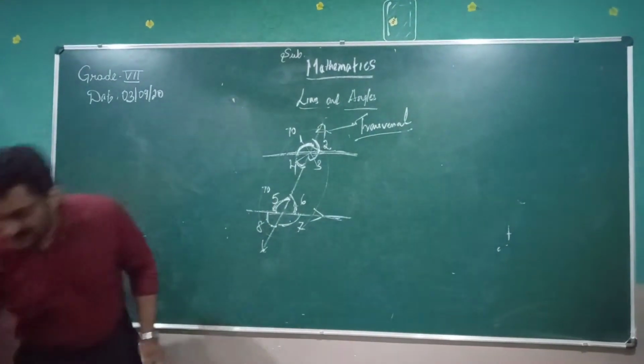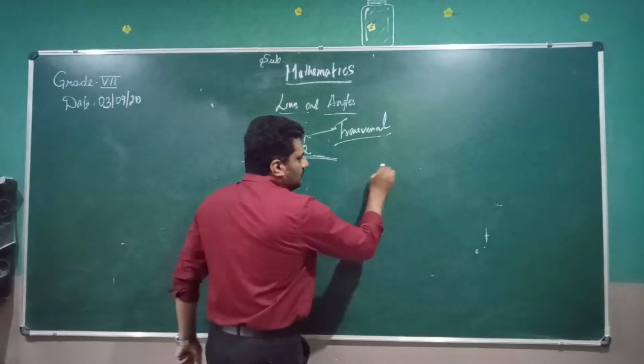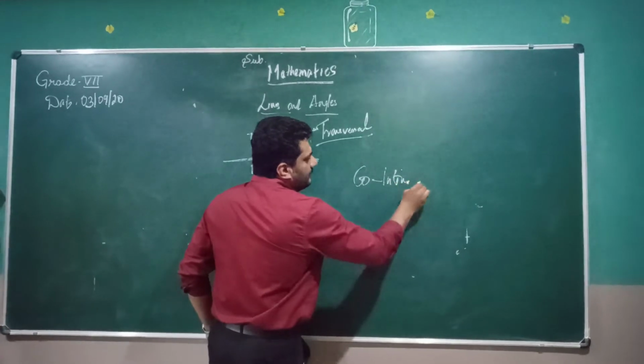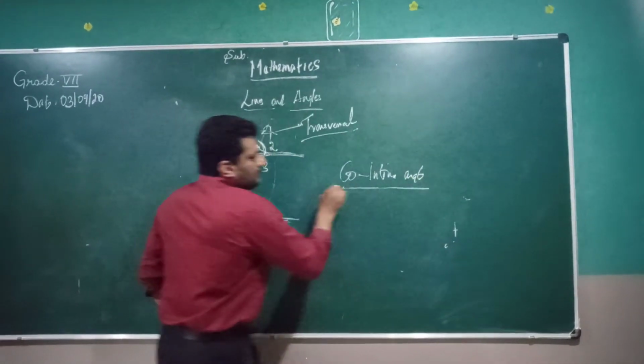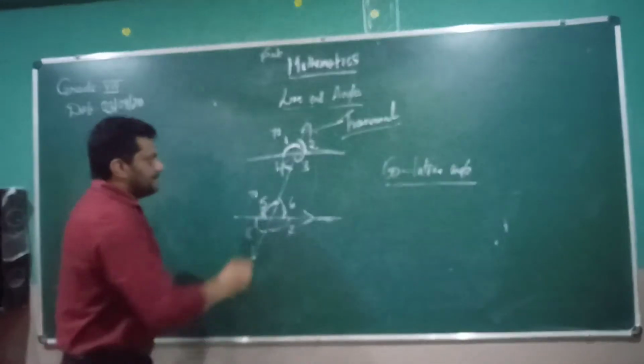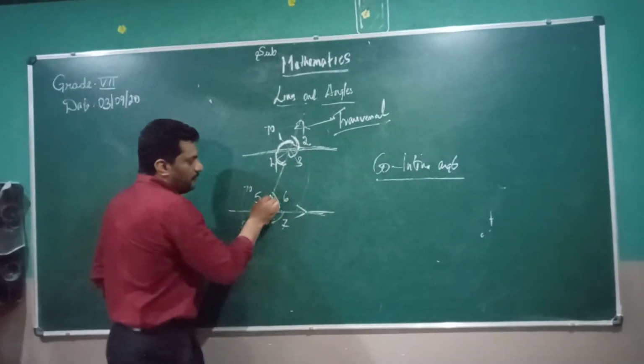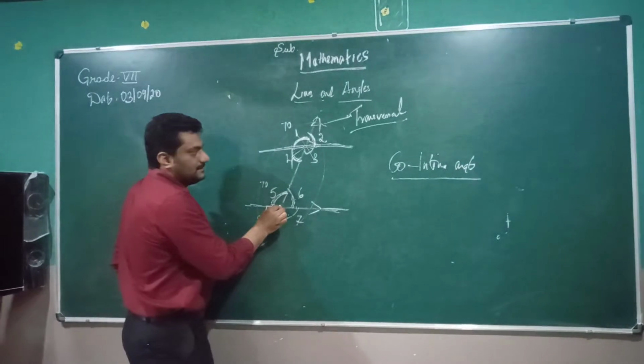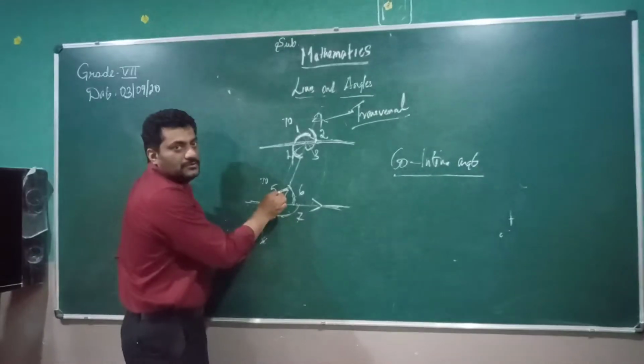The next one is co-interior angles. If you see these two, 4 and 5, these are between these two parallel lines. So these two are called co-interior.